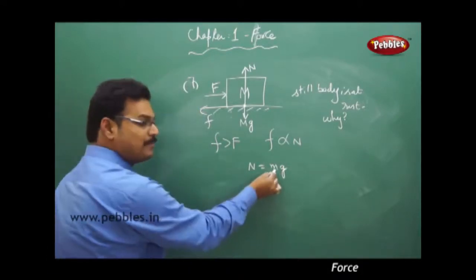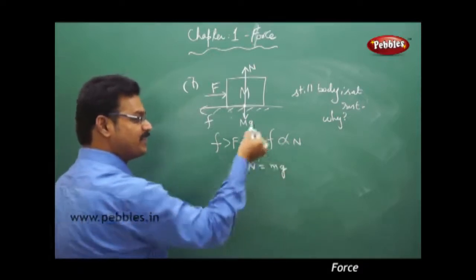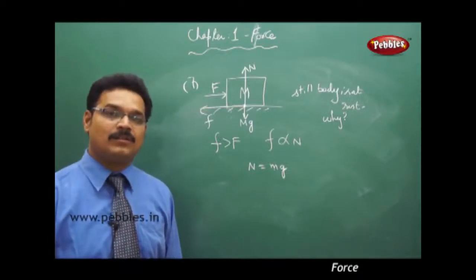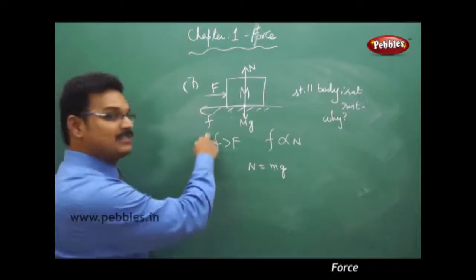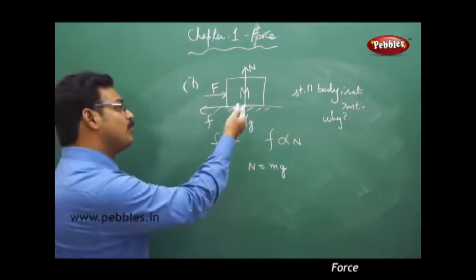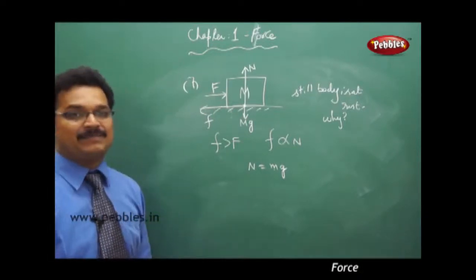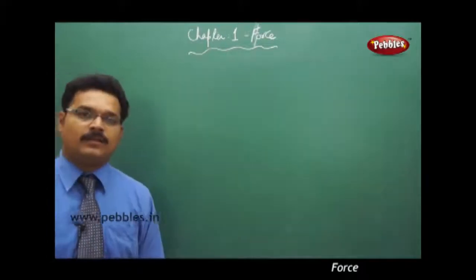So more the mass, more N. More the N, more the friction. That means friction depends upon the weight of the body. If weight increases, friction also increases. When friction is increased, if you want to move the body, your applied force also has to be increased. So here the applied force is very less, that's why the body is not moving. Next one.